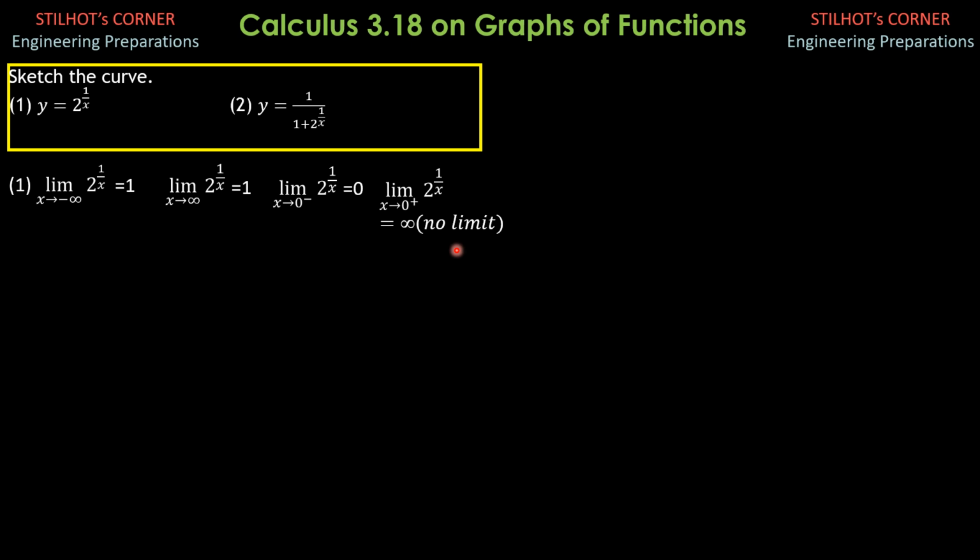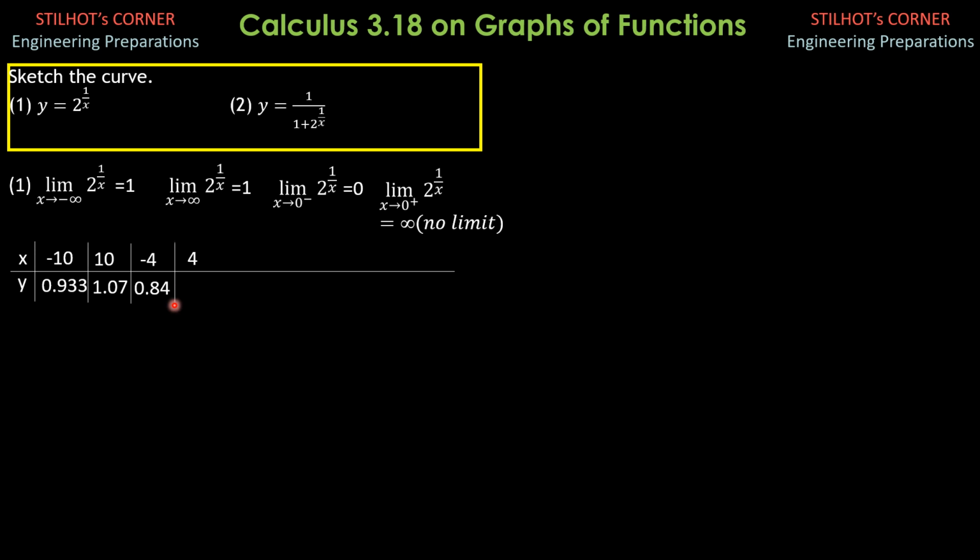Now to have a clear picture of the graph, we also plot some points, x and y, negative 10 and positive 10. So when x is negative 10, y is 0.9333. When x is positive 10, y is 1.07. When x is negative 4, y is 0.84.